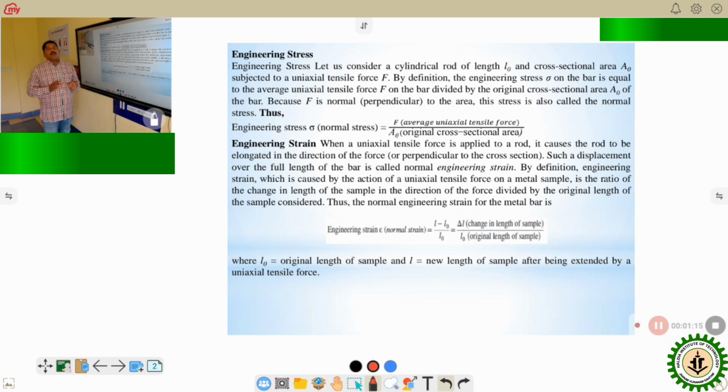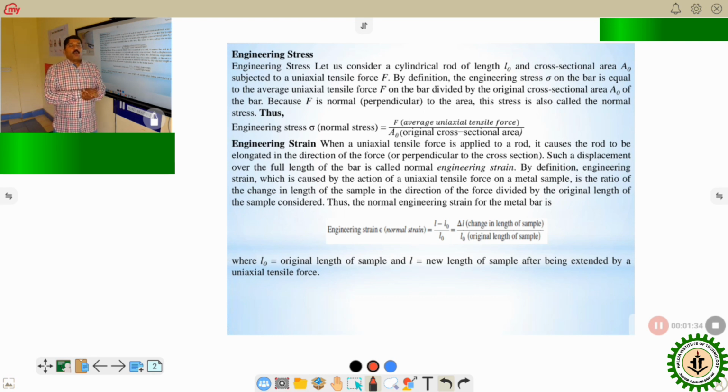It is known to all of you, and we have already discussed it in a prior class. Strain is nothing but the change in length of the sample divided by the original length. That gives you the strain. Now, what is the tensile test?